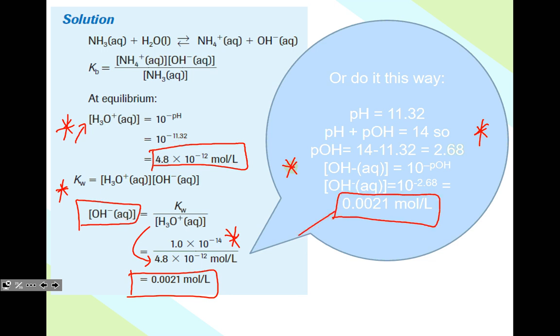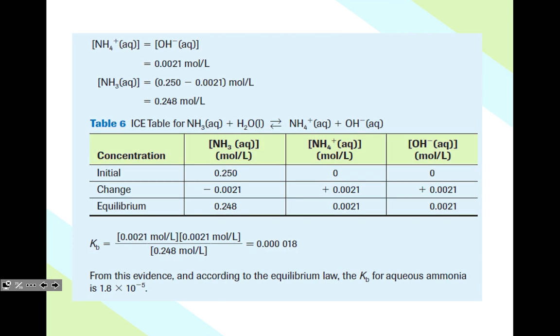You're essentially doing the same thing just with different strategies. Each is fine, whatever you're comfortable with. Anyways, at the end of the day, we found our hydroxide ion concentration, which is 0.0021 moles per liter.